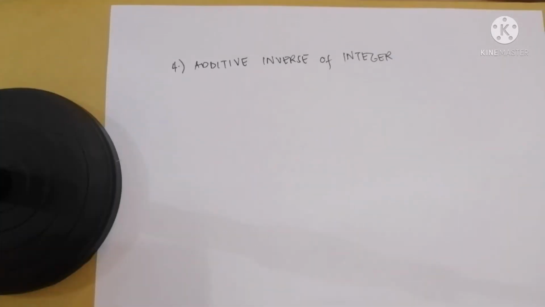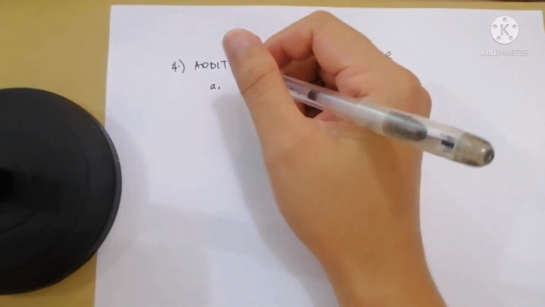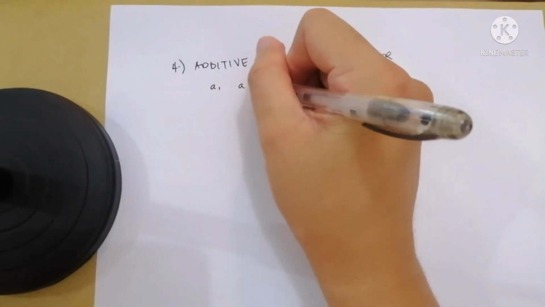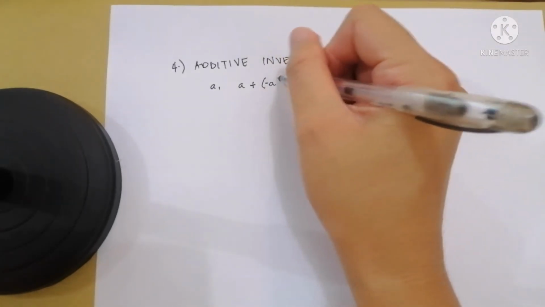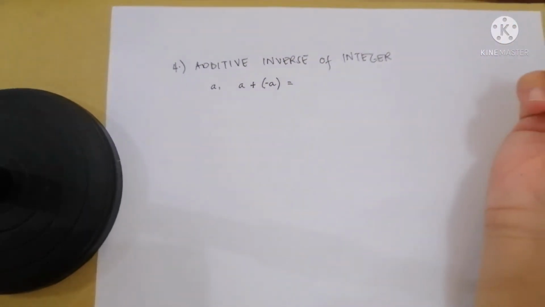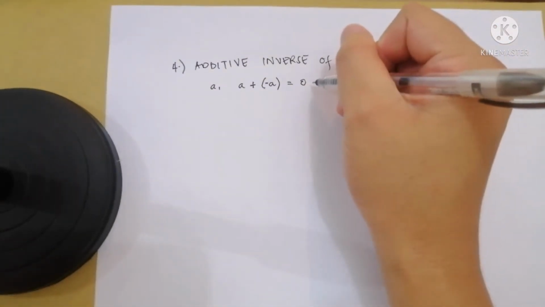The next property is called the additive inverse of an integer, which means the opposite of an integer. The sum of an integer and its additive inverse is automatically 0. So for any integer a, positive a, if added to its opposite, which is negative a, the sum is 0, of course.